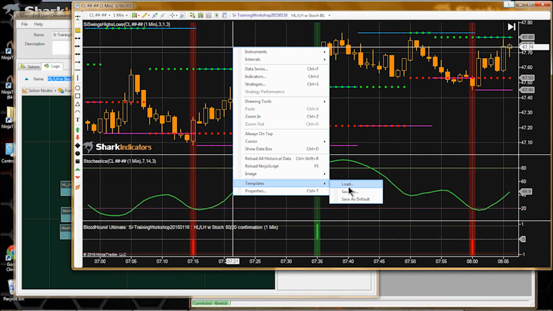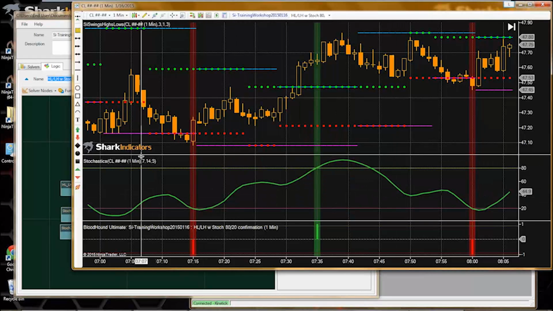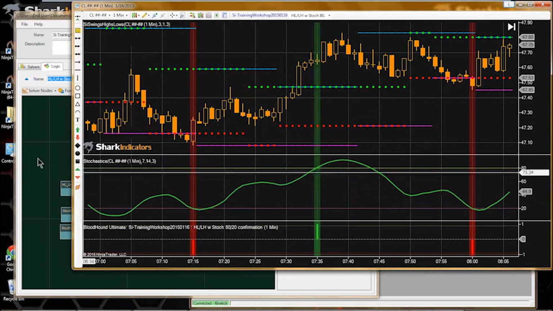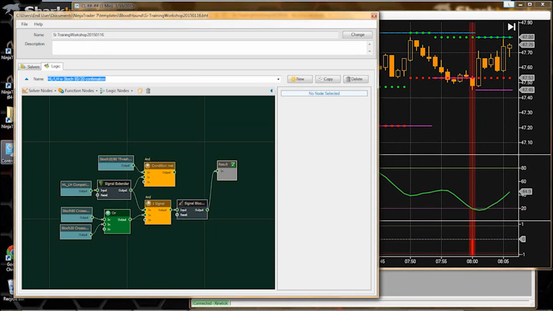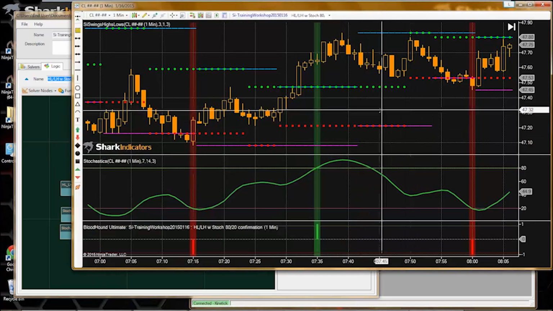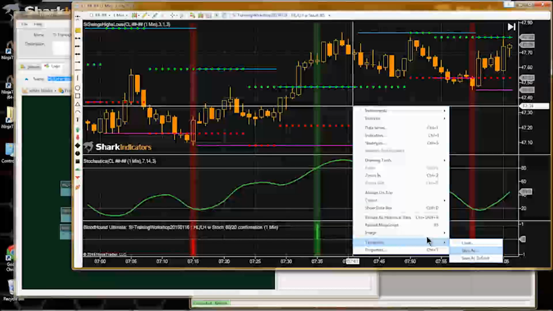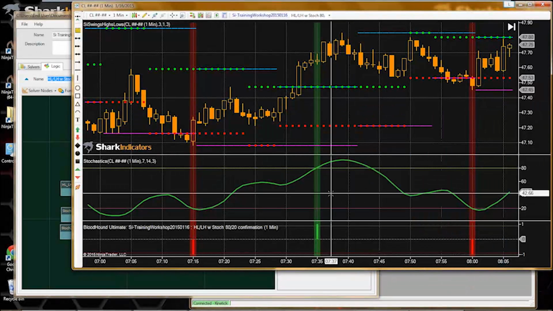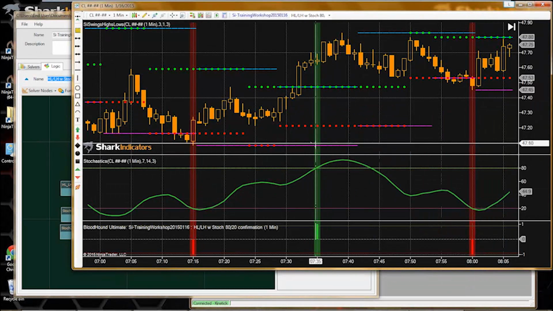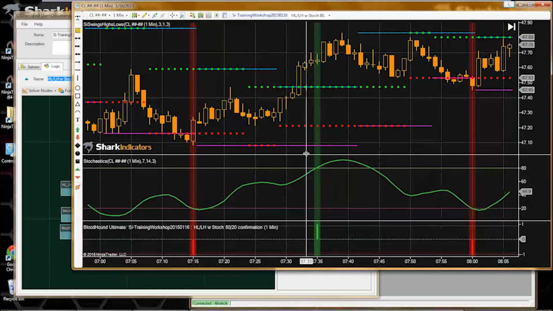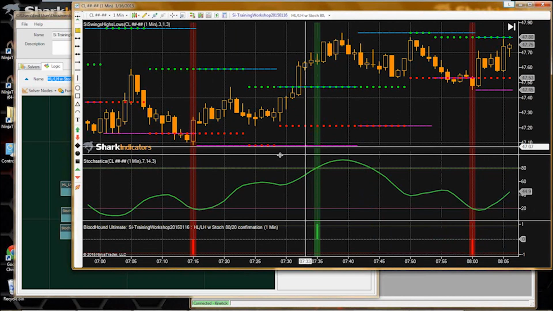So that's the difference there. Okay. Yeah. So whenever I end these workshops, I always go in and I save a NinjaTrader chart template. So that way you can just load that chart template up, and it puts all the indicators and the BloodHound indicator on the chart as well.